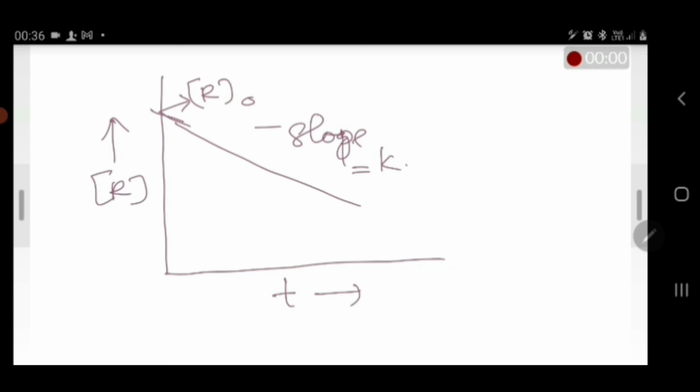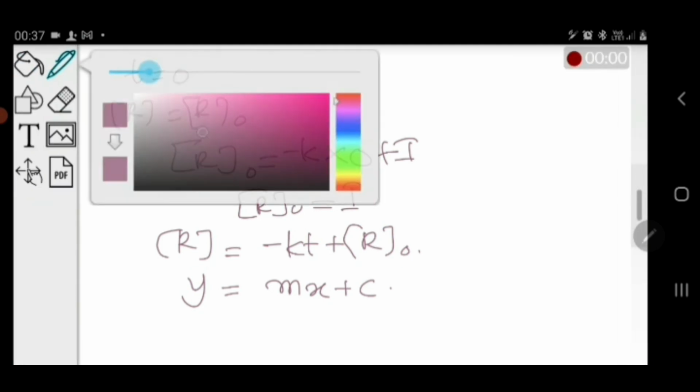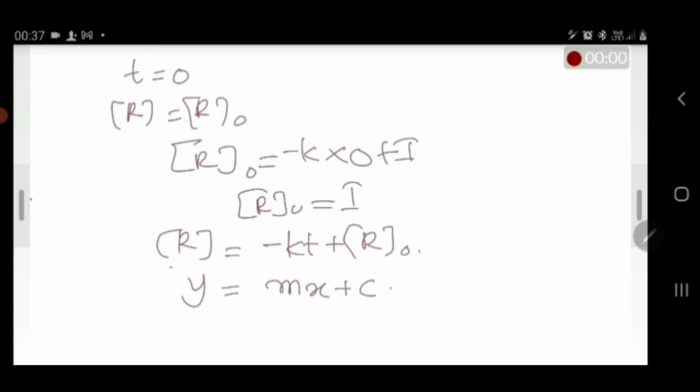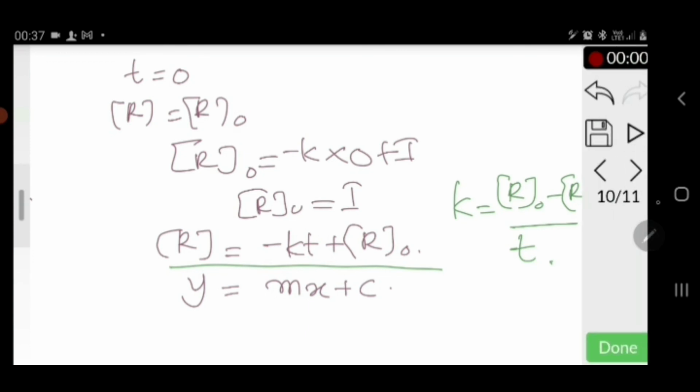So the variation in the concentration with respect to time for the zero order reaction is plotted here, and this equation could also be written as k is equal to R0 minus R divided by t. If you write this much, that will do the needful for the examination.